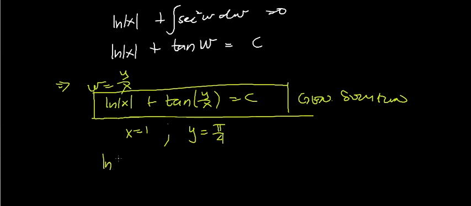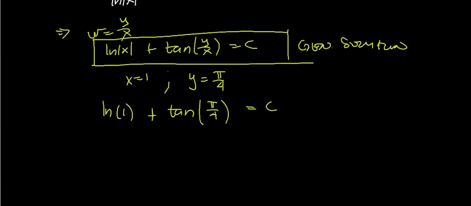We have ln of 1 plus tangent of y is pi over 4 all over 1, equals c. Our ln of 1 here is equal to 0, so our c is just equal to tangent pi over 4.